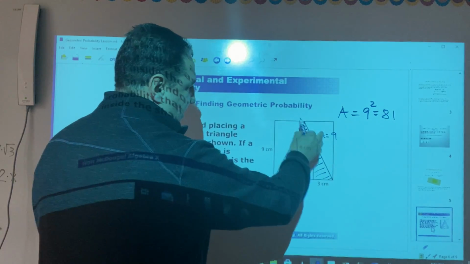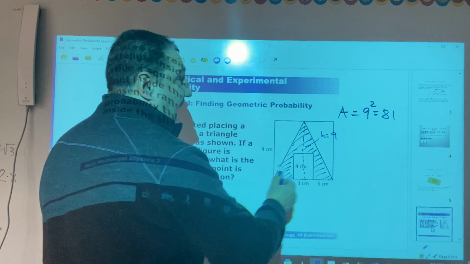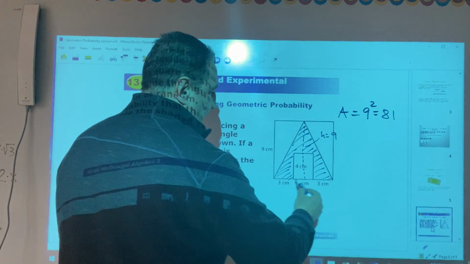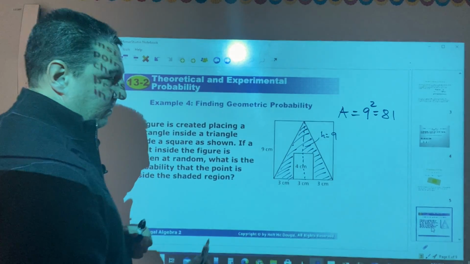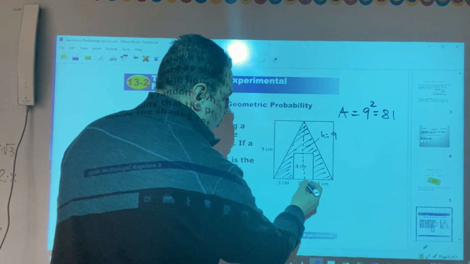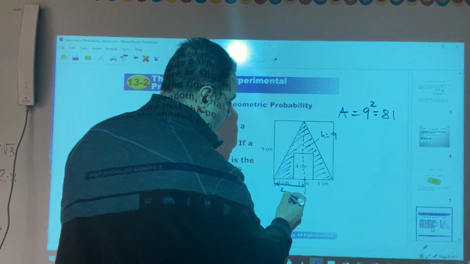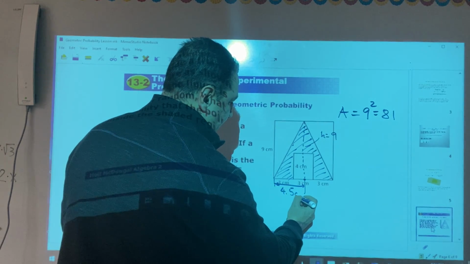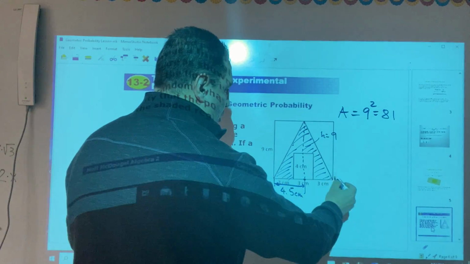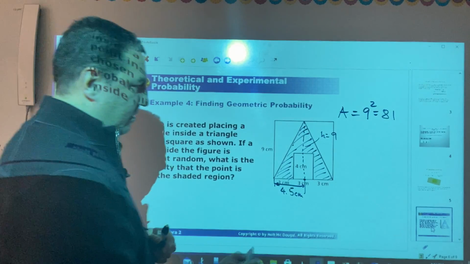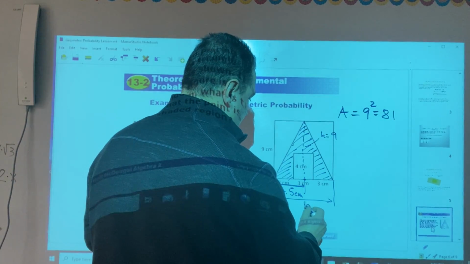This is an isosceles triangle. The altitude, or height, cuts the base of the triangle into 2 equal segments, which means this side would be 4.5 centimeters, and the whole base would be 9 centimeters.